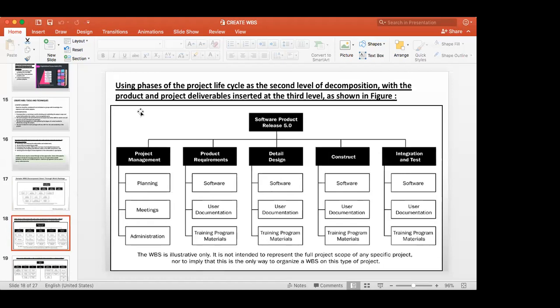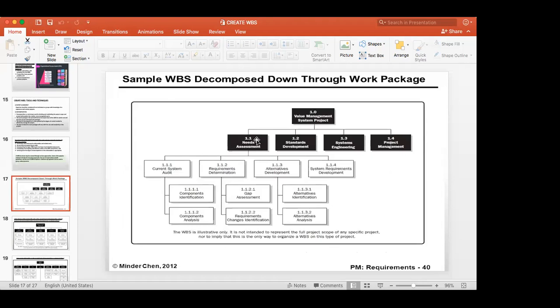Here, using phases of the project as the second level of decomposition. When you go through the second level, you will see project management, product requirement, detailed design, construct and testing. These are the life phases of a project, decomposition through phases.